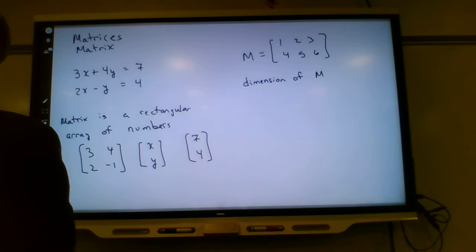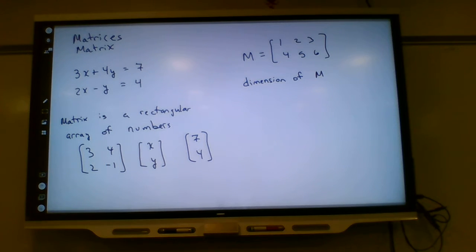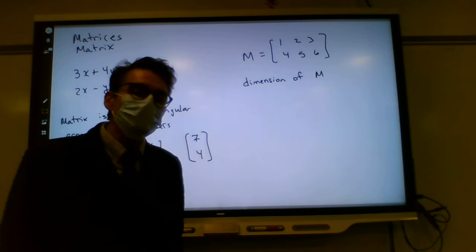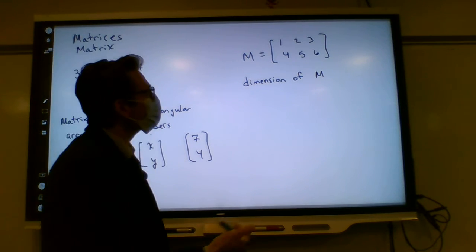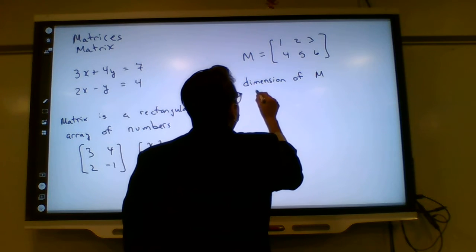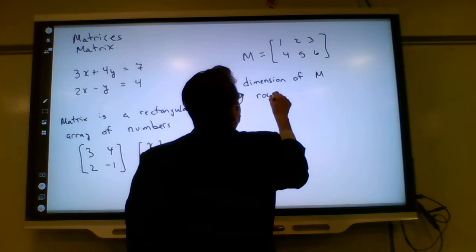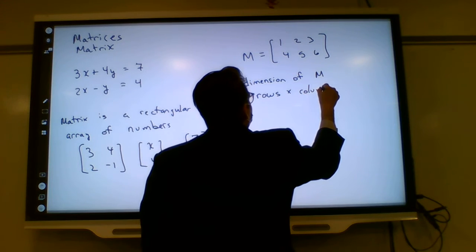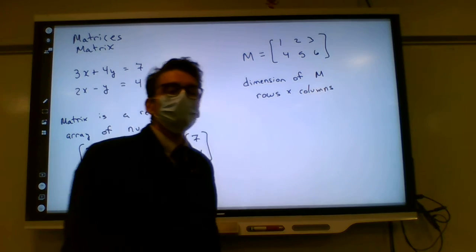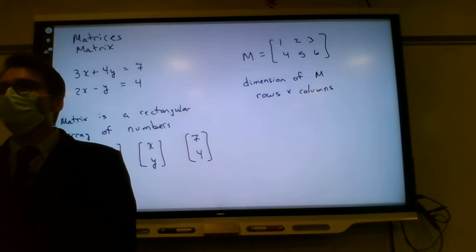And the dimension of the matrix, it's a rectangular thing, so there are 2 components to that dimension. So when we talk about the dimension, we give the dimension in this way: the number of rows by the number of columns. So this is the standard way of describing a matrix.